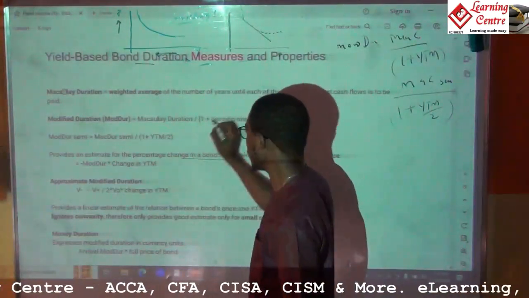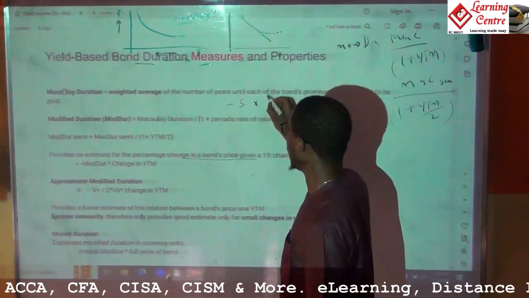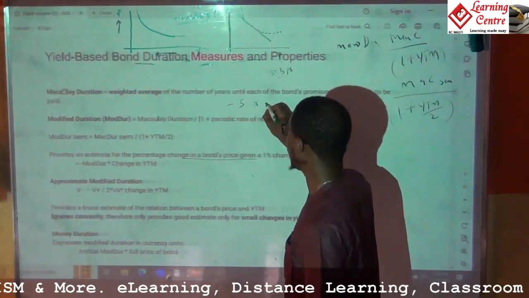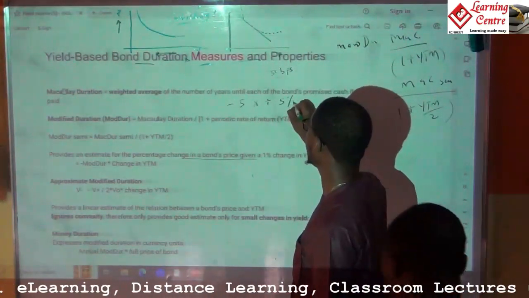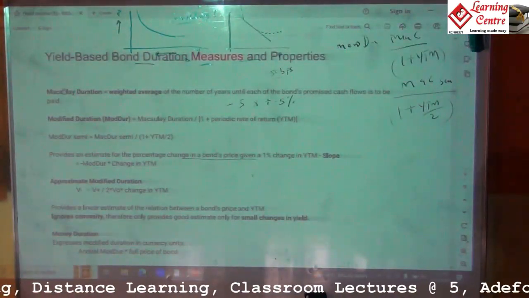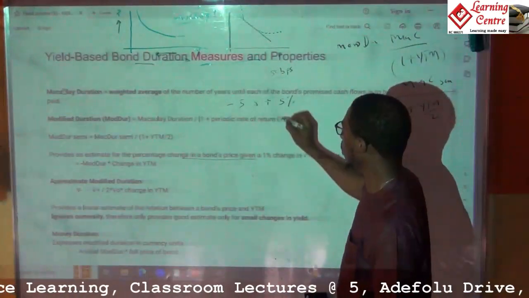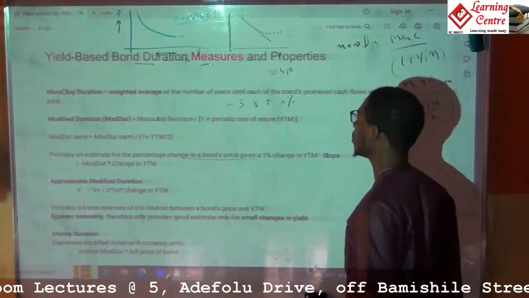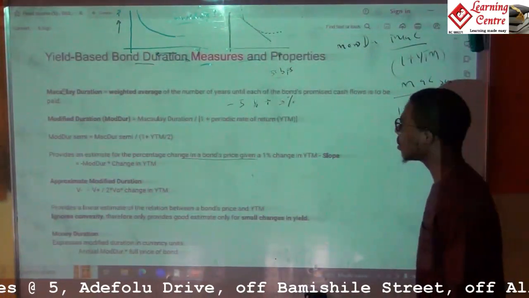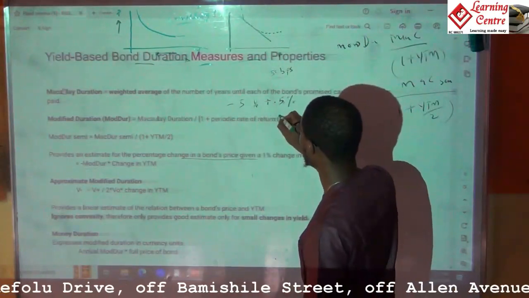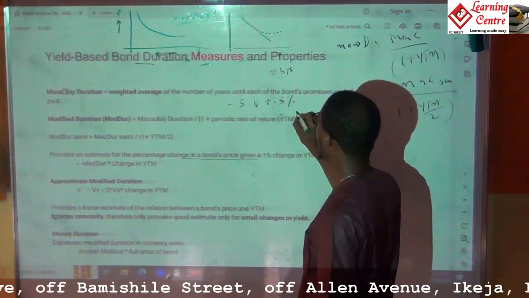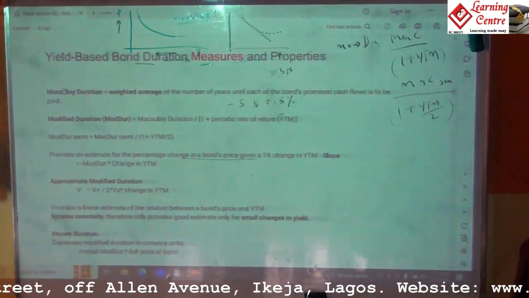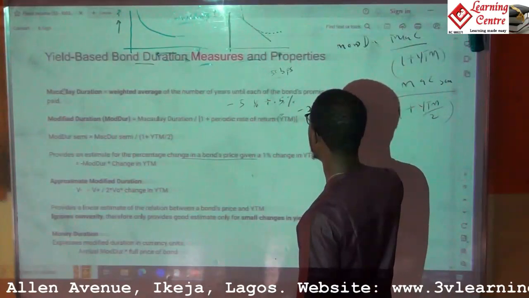Our modified duration is 5, so minus 5 times the change in yield. If the yield curve goes up by 50 basis points, which is 0.5%, you can predict that our bond price will fall by 2.5%.